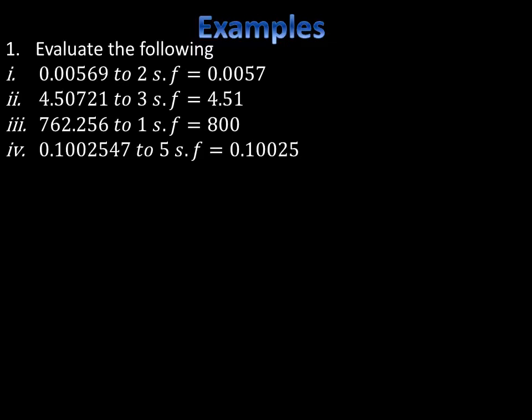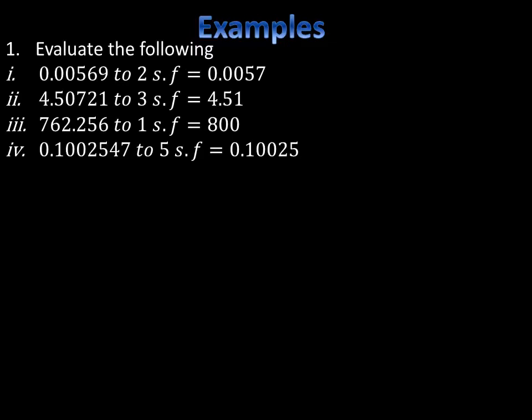So here we have 0.10025. The number that comes after 5 is 4. It is not up to 5, so we can't round that off to 1. So we have 0.10025 as our answer, because 4, which is not up to 5, will be rounded off to 0.